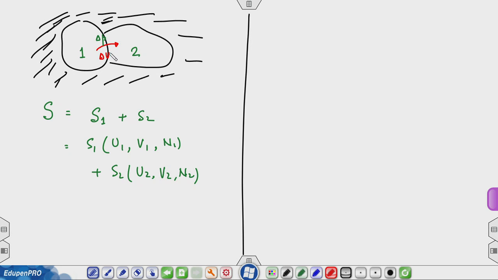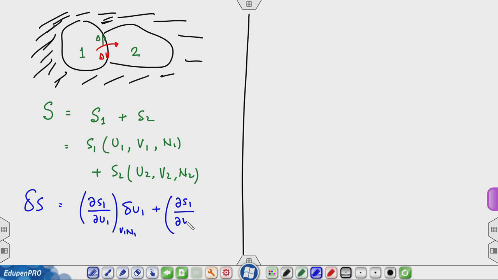So if these things are changed, there's a transfer of particles, the pressure is changed, delta P is there, some volume is changed, delta V is there, then I can write that delta S is going to be dS1/dU1 at constant V1, N1, delta U1, plus dS1/dV1 at constant U1, N1, delta V1, plus dS1/dN1 at constant U1 and V1, delta N1.